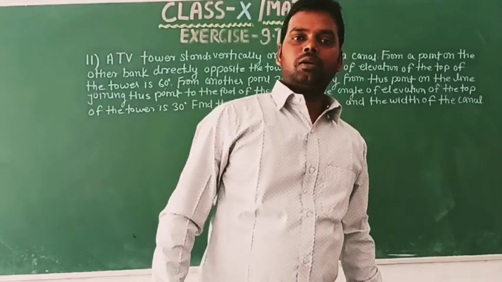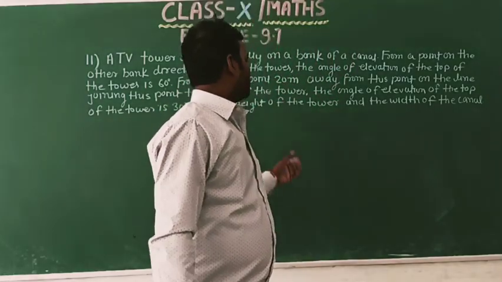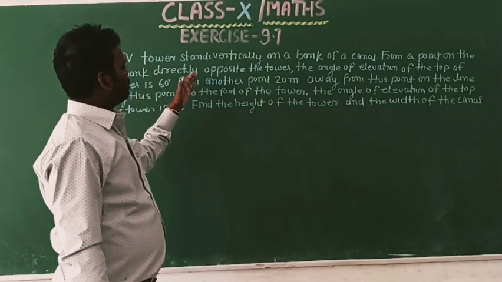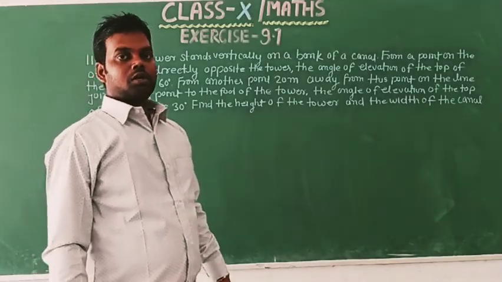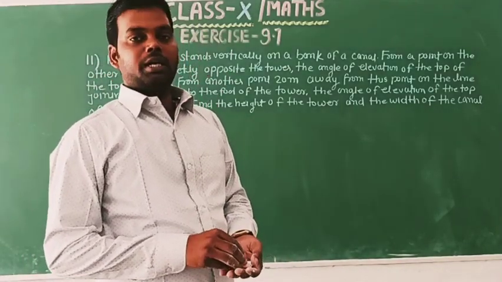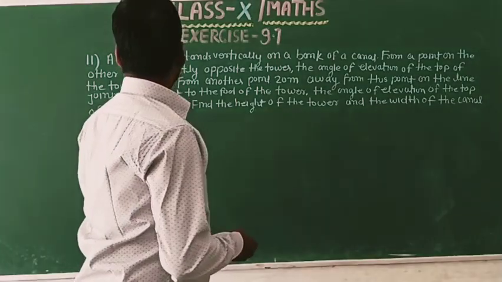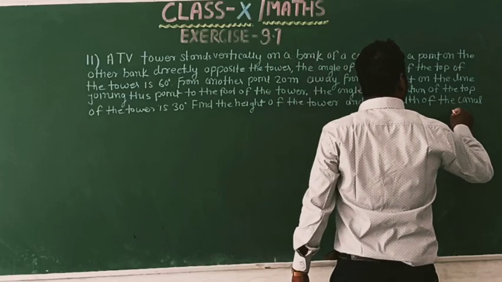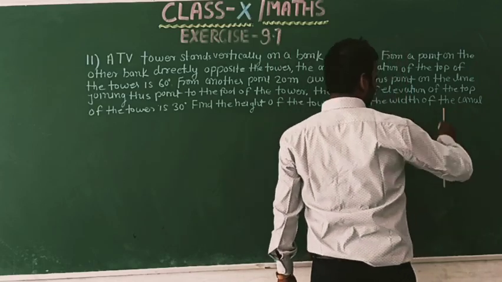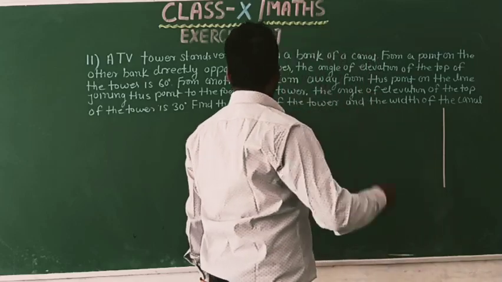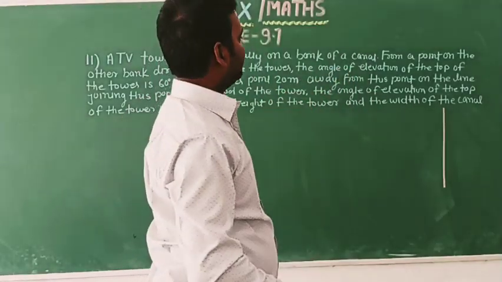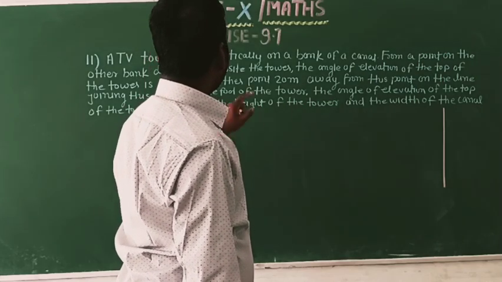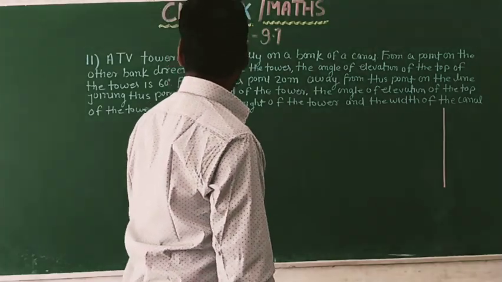So dear children, the first thing is to draw its diagram by reading the statement of the question. So let's draw its diagram. A TV tower stands vertically on a bank of a canal. So this is the TV tower. From a point on the other bank directly opposite to the tower, the angle of elevation of the top is 60 degree.